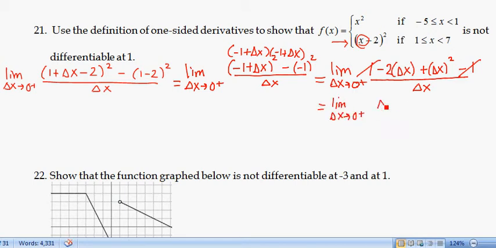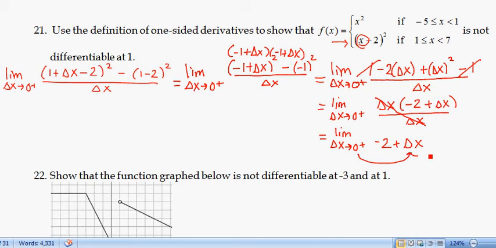So we have delta x times negative 2 plus delta x, all over delta x. Because we have this limit written here, we can cancel, because we're not looking at when delta x is equal to 0, but just as we approach 0. So we're left with just negative 2 plus delta x.